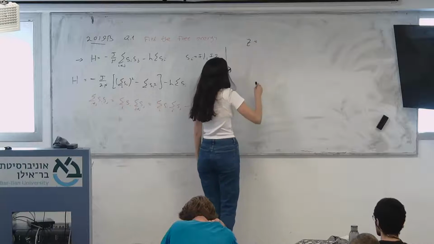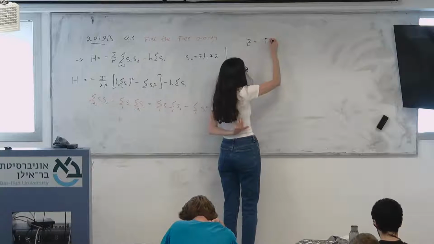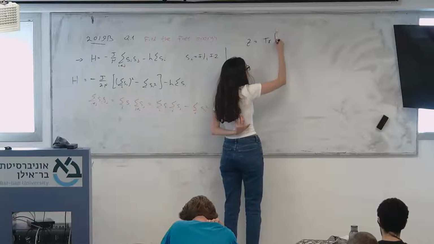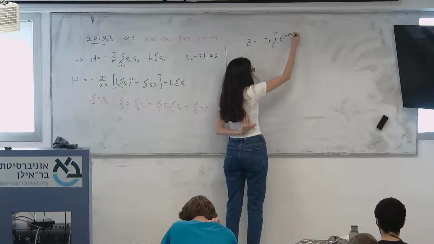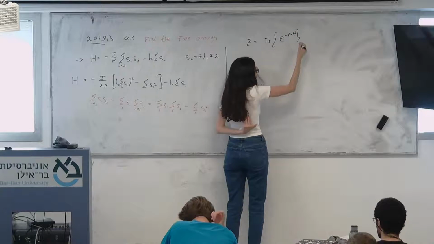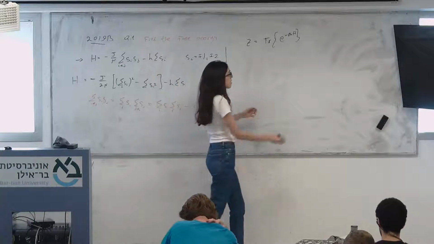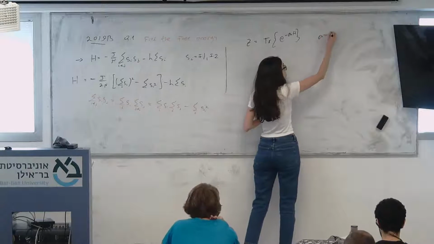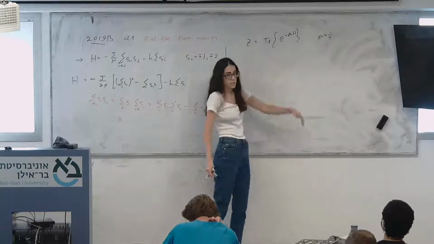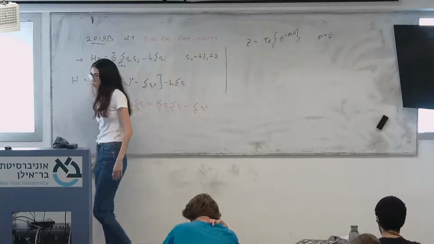The partition function is defined as the trace of e to the minus beta H, where H is the Hamiltonian, and beta is 1 over T, or 1 over KBT, depends on your choice of units.